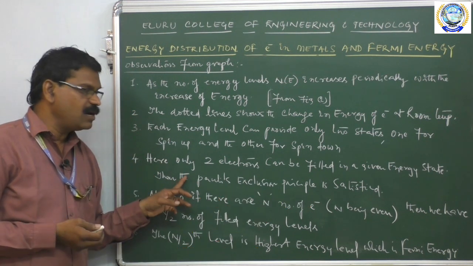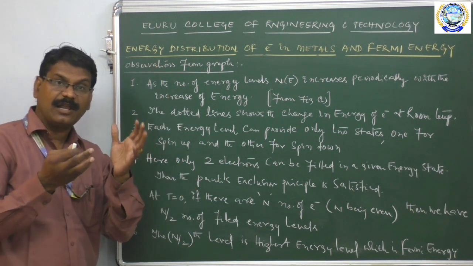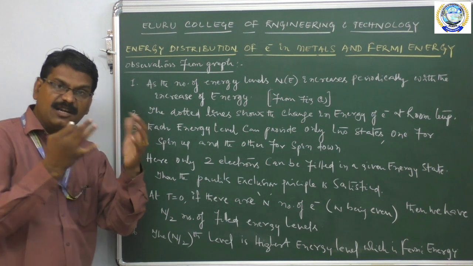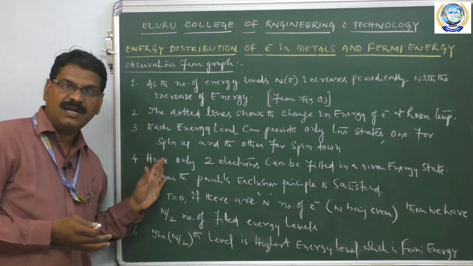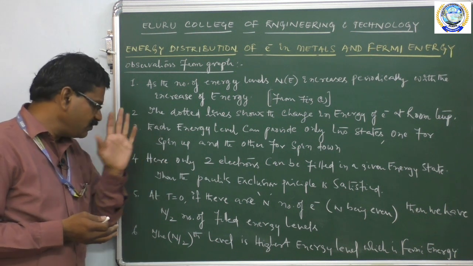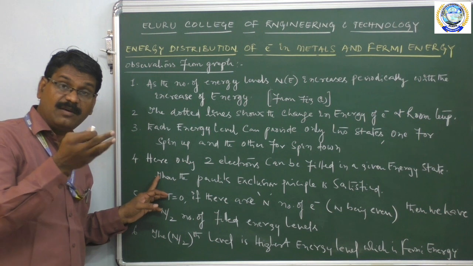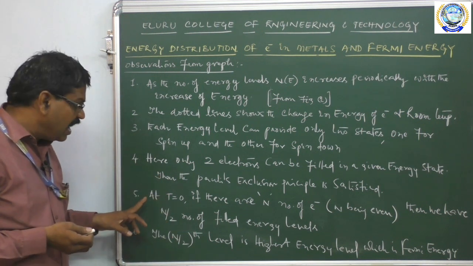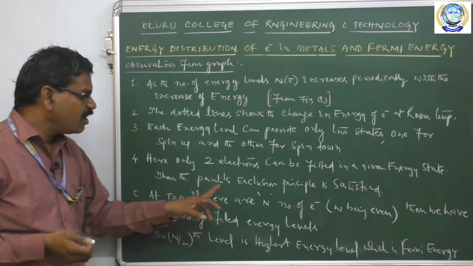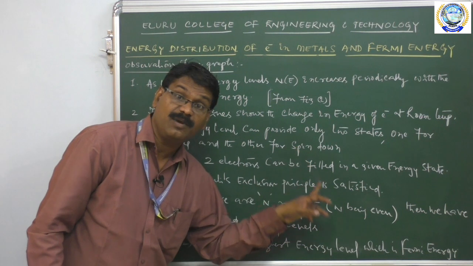So strictly speaking, according to quantum free electron theory, the energy distribution of electrons in metals is linked up with Fermi energy, and our ultimate aim is to identify which one is the Fermi energy level here. The Fermi energy level state is available when the absolute temperature is 0 Kelvin. If you see the fifth point, at T equal to 0, if there are n number of electrons, strictly speaking n should be even, not odd.